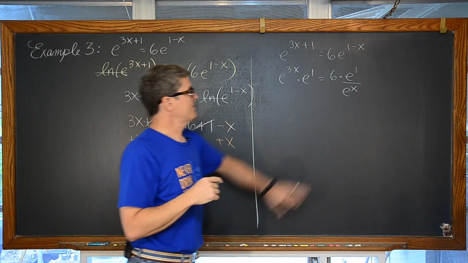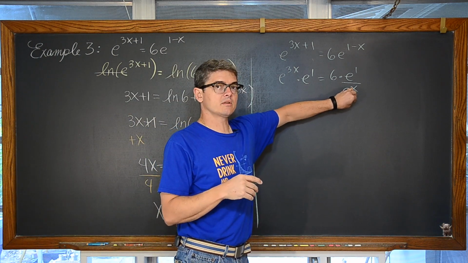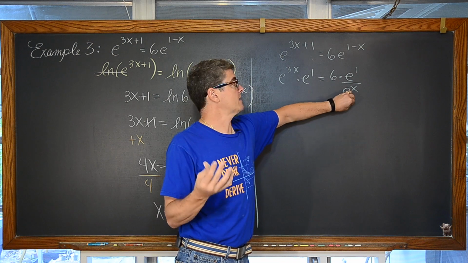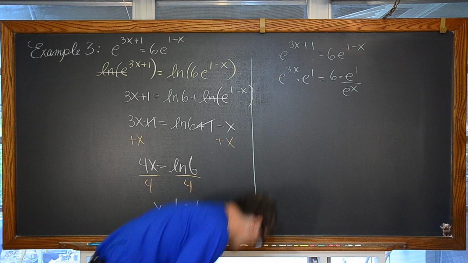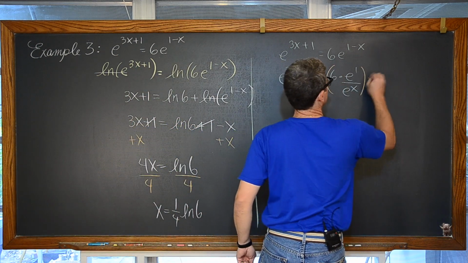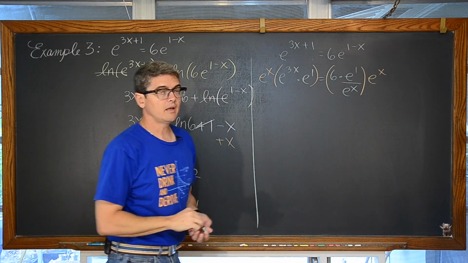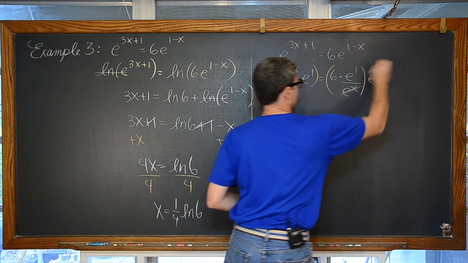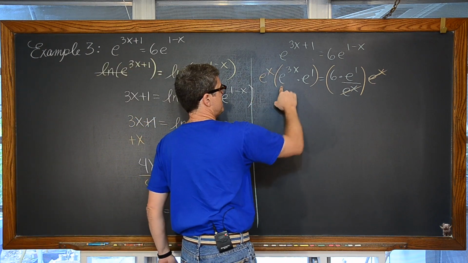So I have a variable in the denominator, and you can't solve for a variable when it's in the denominator, so let's undo that. We have a division of e to the x, so let's multiply both sides by e to the x. And anything divided by itself cancels out. We have e to the x times e to the 3x.